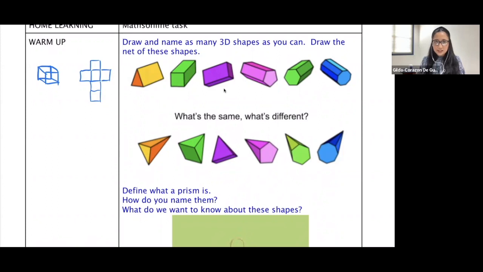Looking at these 2 sets of shapes, what would be the same from this group and this group here, and what would be different between them? Okay, I'll give you maybe 5 minutes to do that and think about that. And then you can pause this video and then log on later.